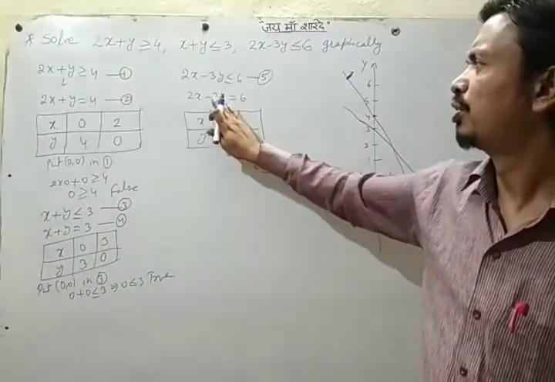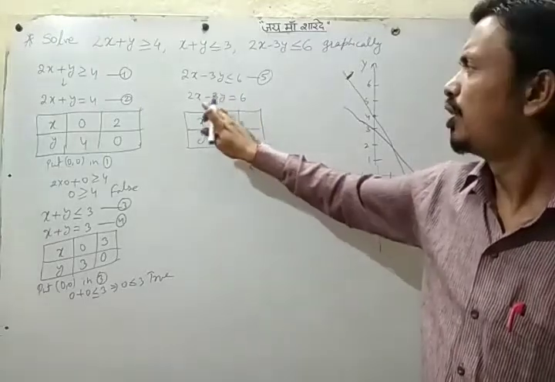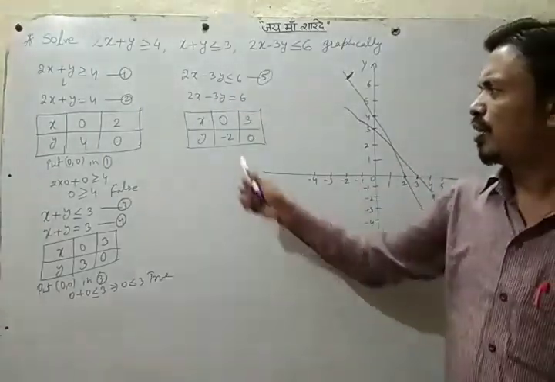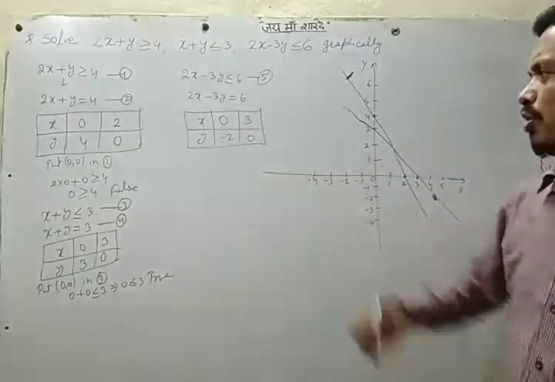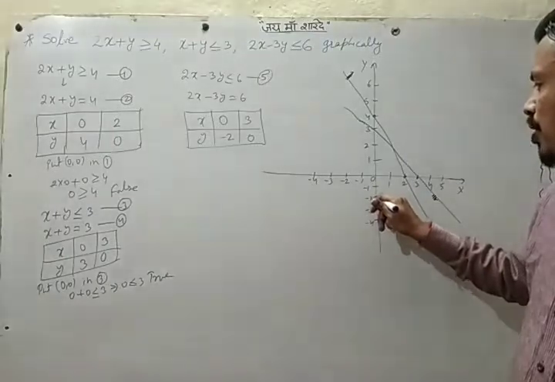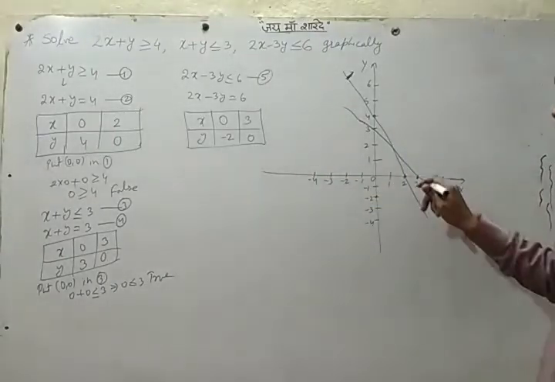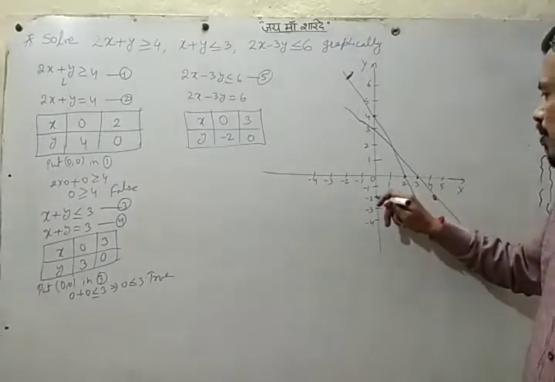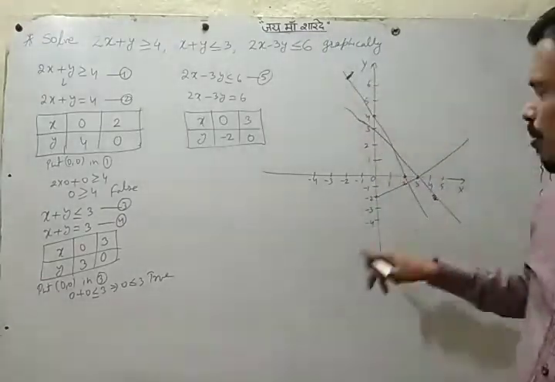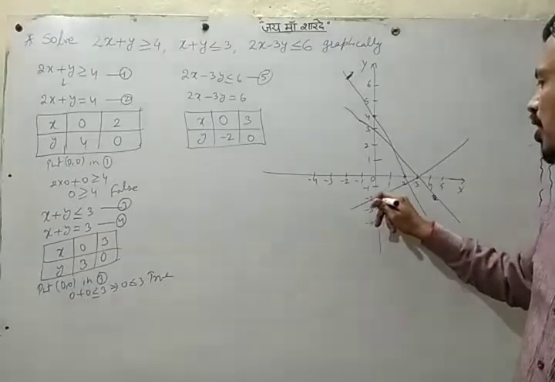When y is 0, 2x equal to 6, so x will be 3. So the points are (0, -2) and (3, 0). Here also there is equality, so you can draw one dark line only.